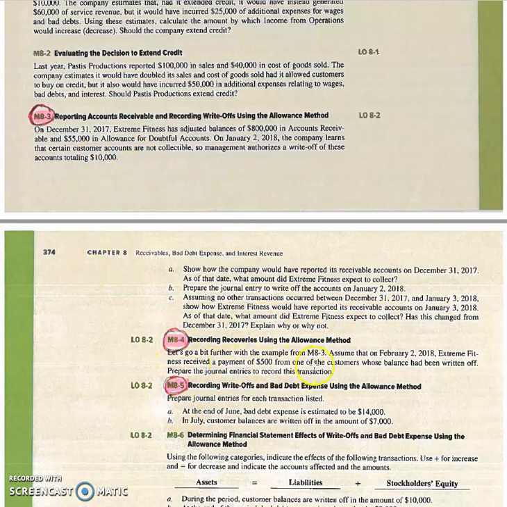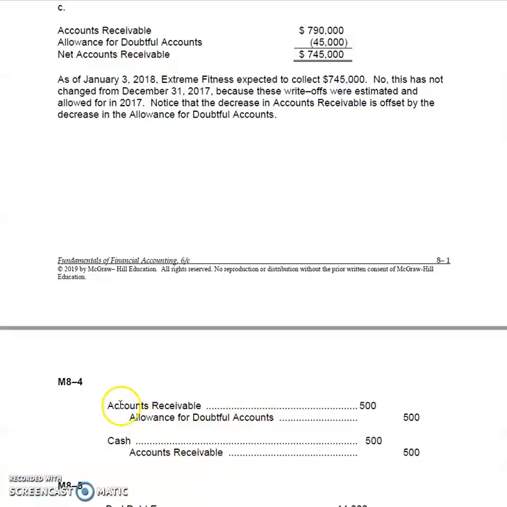So the first thing we need to do is reinstate that balance by reversing the writing off of it. So we're going to debit accounts receivable, credit the allowance for $500. That's reinstating the account and putting the balance back into accounts receivable and the allowance account. And then we're going to debit cash for $500, credit accounts receivable to record the payment.